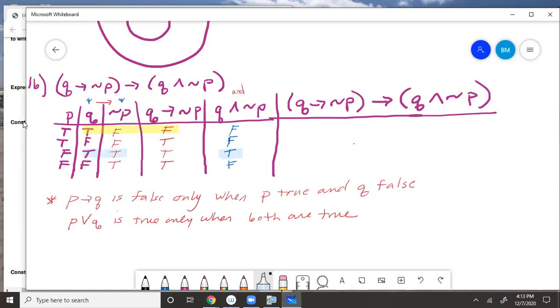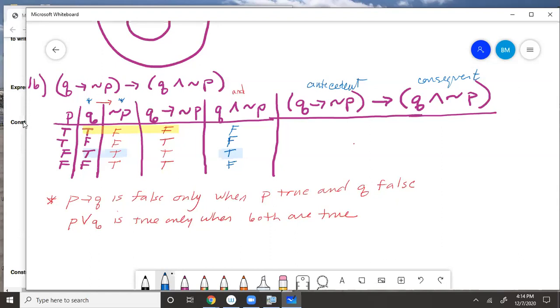All right, so this is a conditional. There's your antecedent, this whole thing, just think of it as a whole there, right? Antecedent. And this is your consequent. So this is false only when the antecedent is true and the consequent is false.